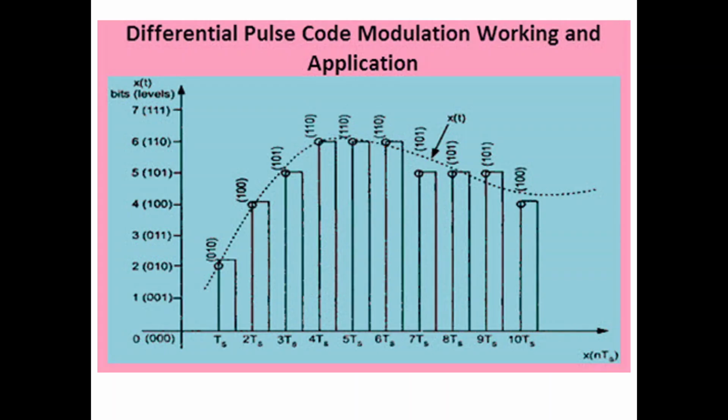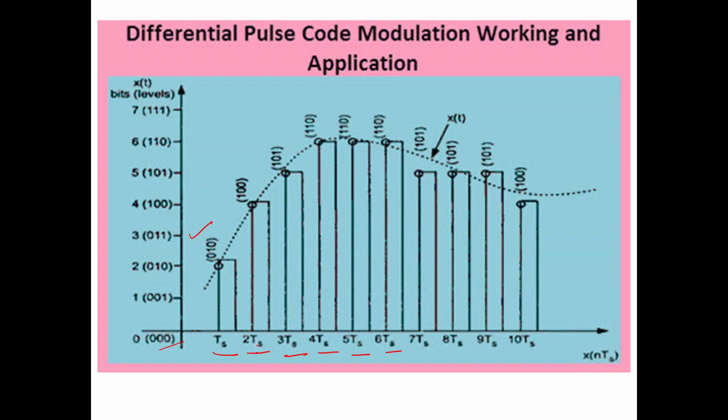Here is a simple waveform which represents the DPCM working and application. There are various samples we are taking at various intervals: Ts, 2Ts, 3Ts, 4Ts, 5Ts, 6Ts and so on. At Ts the sample is taken and encoded with the corresponding level 010.